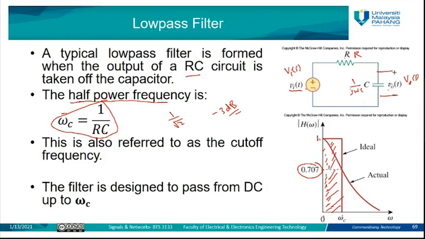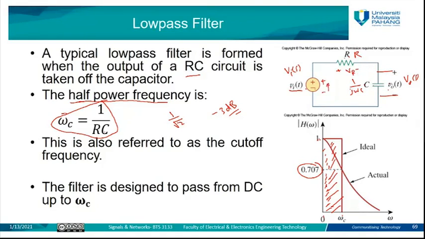Because V in is the input source, the voltage drop will be VR. This one is plus, minus VR, and this one is plus, minus V out.